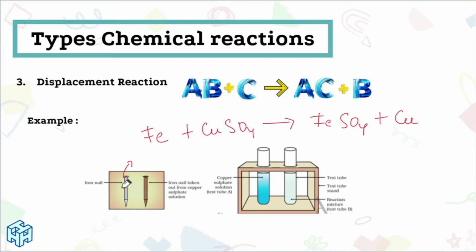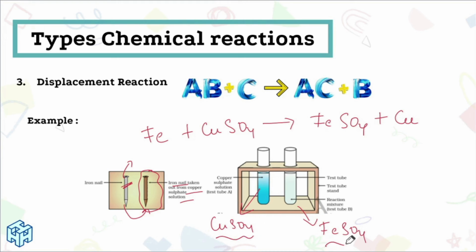This is the iron nail. After the reaction, you get a copper-coated nail, because all the copper gets deposited on it, and the blue-colored solution, which was copper sulfate, becomes colorless ferrous sulfate.